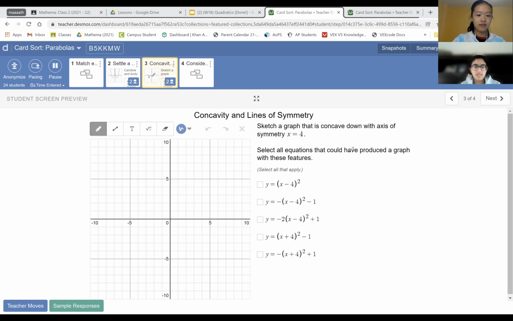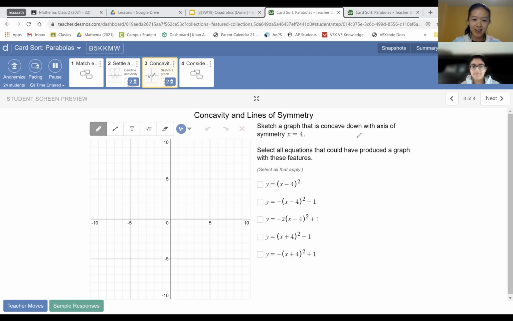But if the graph is upside down, like a frowny face, that's called concave down. Basically, it's a technical way of saying if a graph looks like this or looks like this. It's just the direction it curves in.